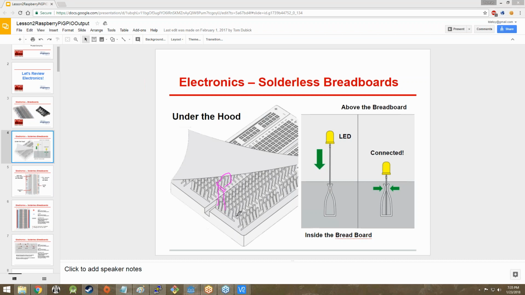And it's in the same bus. The electricity travels along here. The electricity has two choices. Either it can continue to travel along the bus, or it can travel up the LED leg and into the LED, and then back out the other side. I'll tell you right now, it's always, always, always going to pick this one, because electricity is lazy.